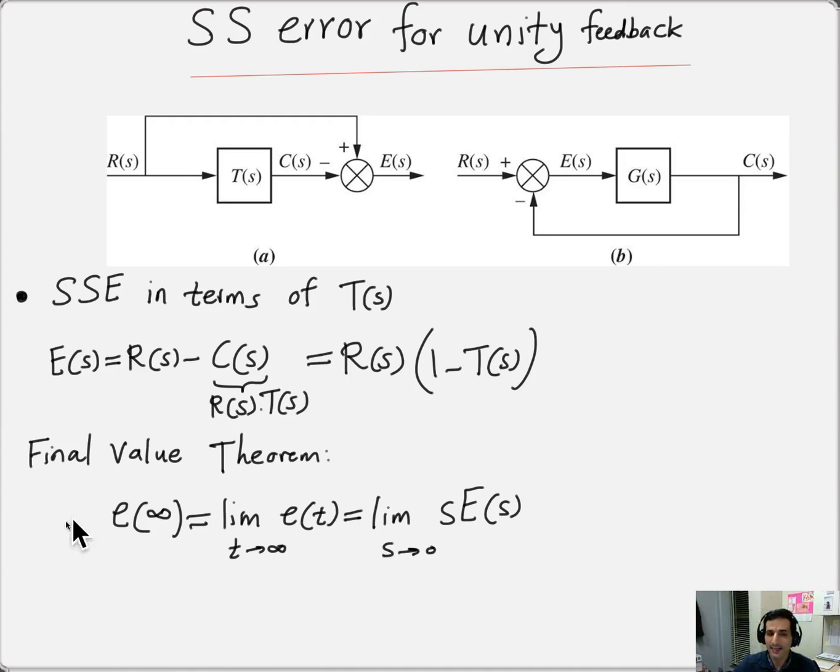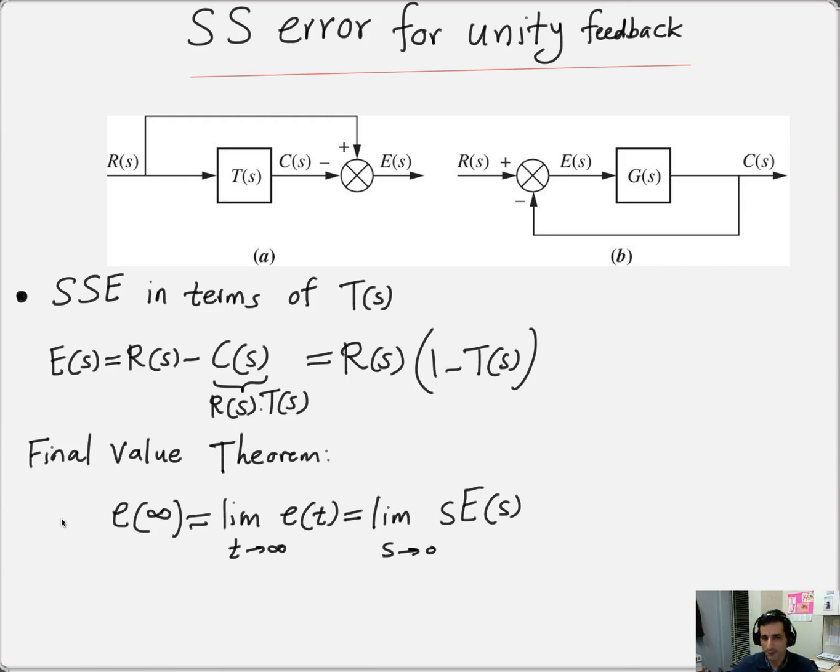And of course, we had one fundamental, not really an assumption, but rather a requirement here in order for the final value theorem to hold true. And that was that we have to make sure that E of S is a stable transfer function. And that is why we only confine our conversation about the steady state error to systems that are stable.